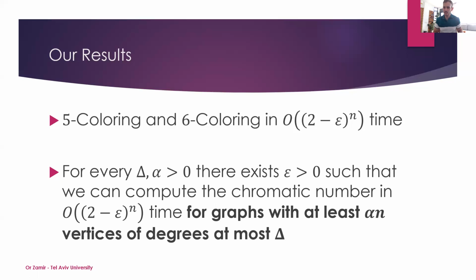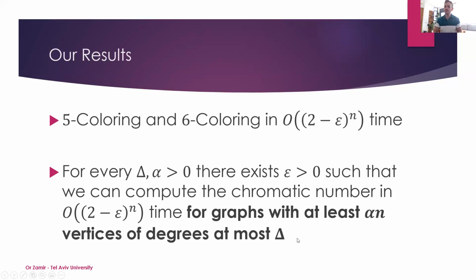So what is this general family of graphs? We show that for every positive delta and alpha, there exists some positive epsilon that depends on them, but on nothing else. It does not depend on k, nor on n, obviously, such that we can compute the chromatic number of the graph in (2 minus epsilon) to the n time, as long as the graph contains at least an alpha fraction of vertices that are of degree at most delta.